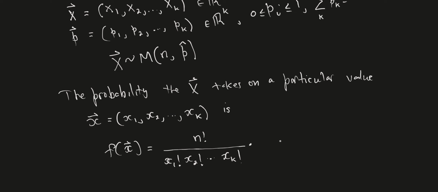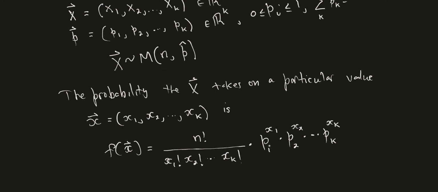And now what about the p's? Well, if we want x1 number of event 1 to occur, and they each occur with probability p1, and they're independent, you're going to end up having p1 to the power x1, and then times p2 to the power x2, and then times dot dot dot p sub k to the power x sub k, right?